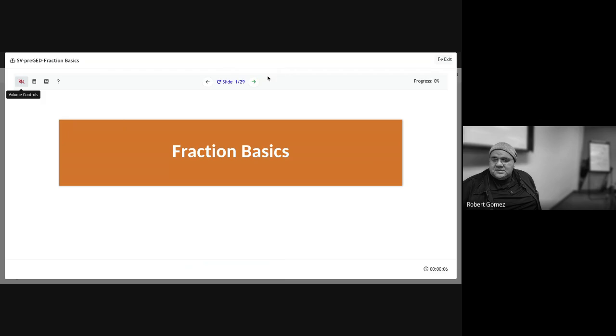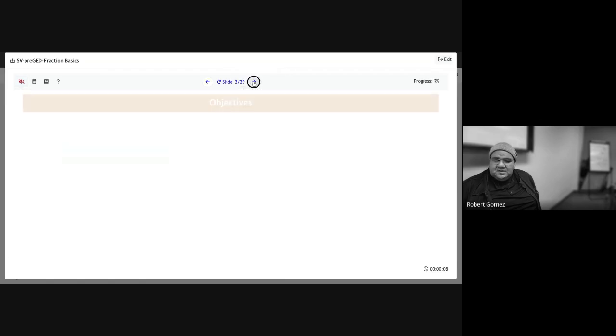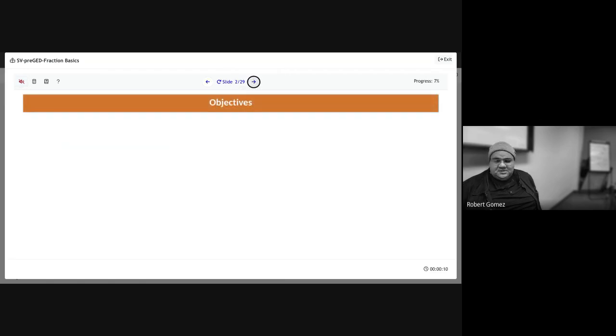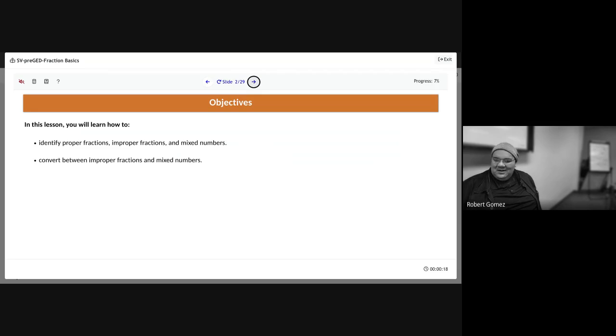In this first chapter, not chapter, but this first lesson, it's important. Look at identify proper fractions, improper fractions, and mixed numbers. Right. We did that. And converting them, right? And we did that together. Find equivalent fractions, right? We did a little bit of that together too.